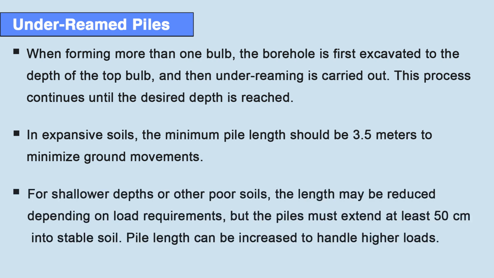For shallower depths or other poor soils, the length can be reduced depending on the load requirements, but the piles must extend at least 50 centimeter into the stable soil. Pile length can be increased to handle higher loads.